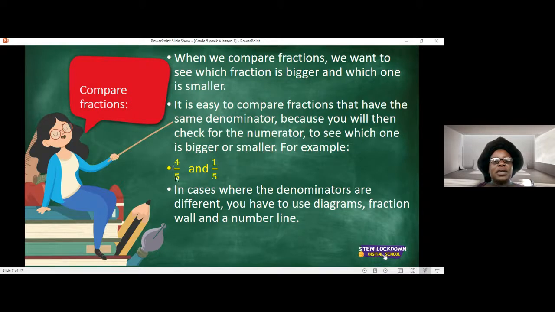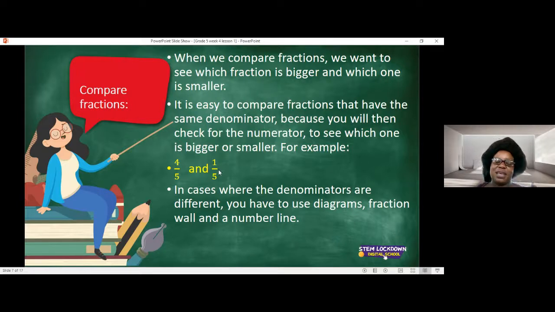Now, Maluleke bought 2 cakes, same size. We cut this cake into 5 equal pieces. And then Maluleke takes 4 pieces out of 5, and then you take 1 piece out of 5.